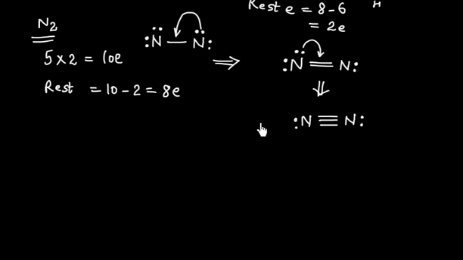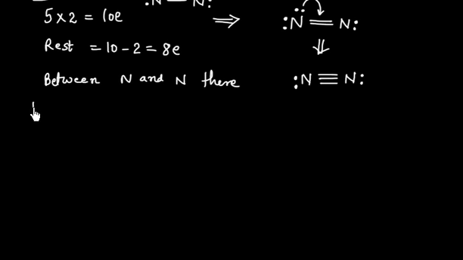So this is the nitrogen molecule. The nitrogen molecule has a triple bonded structure. So that's why the nitrogen molecule is very strong. It cannot be easily broken. Between N and N, there is a triple bond. Are you getting or not?